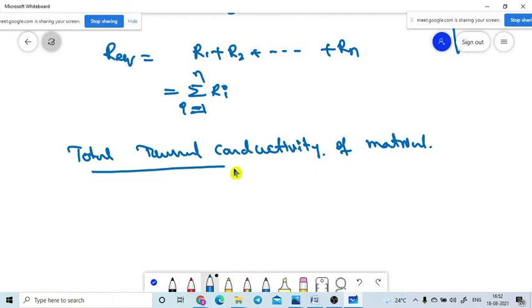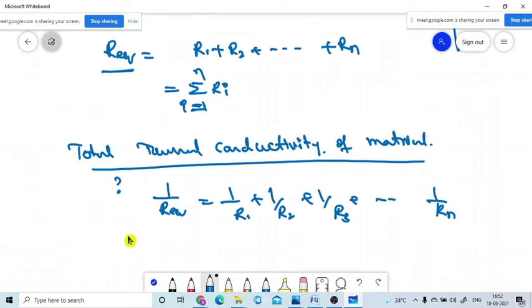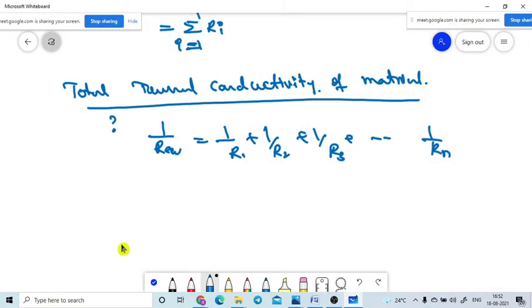Total slab thermal conductivity we are questioning. That means we need to sum each individual one. The reciprocal of the thermal resistance will give the thermal conductivity. Then 1 by R equivalent is equal to 1 by R1 plus 1 by R2 plus 1 by R3 plus and so on 1 by Rn. That is nothing but the summation of each individual value. Are you getting it or not?